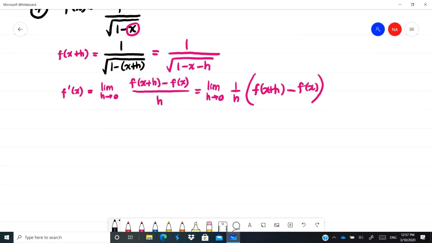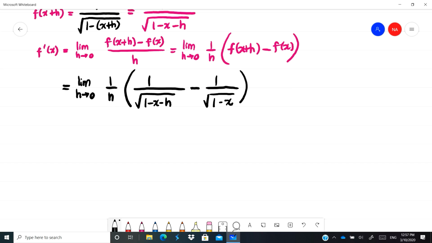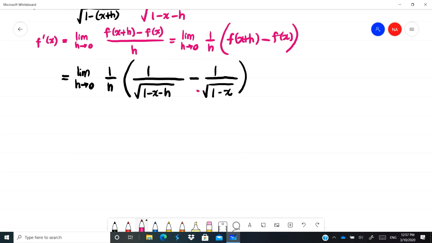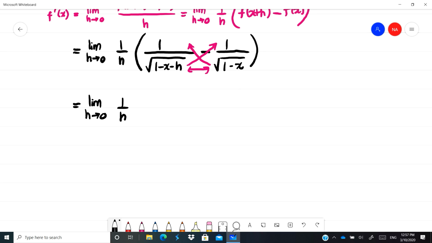Limit as h approaching 0 of 1 over h, the whole thing over 1 over square root of 1 minus x minus h minus 1 over square root of 1 minus x. The next step is to do the cross multiplication, because we want to make it one fraction here. So we'll have limit as h approaching 0 of 1 over h.